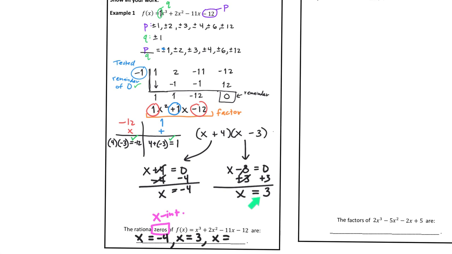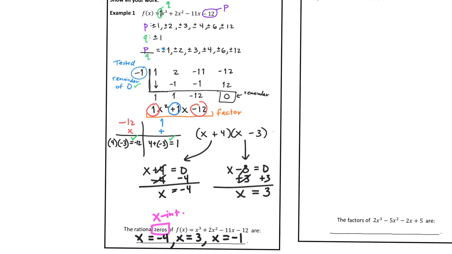The third answer comes from the value up here that we had tested. Remember, we had all these values to choose from. Our third answer comes from the -1. So my third answer is x equals -1. These two answers, the -4 and the 3, came from this table method factoring process, and x equals -1 came from the number that we were using for synthetic division.